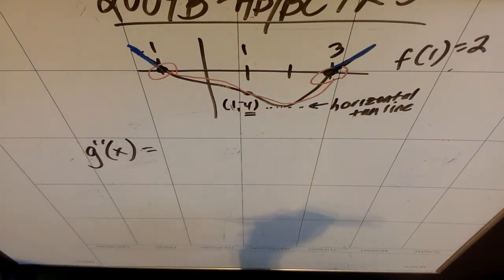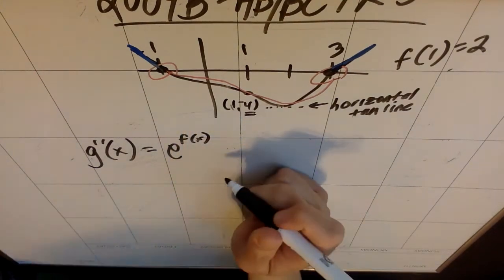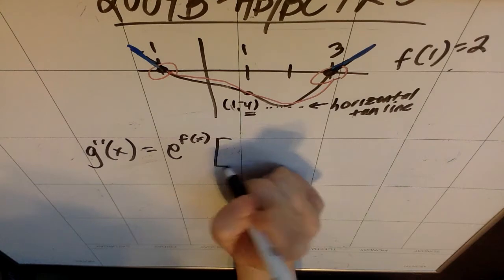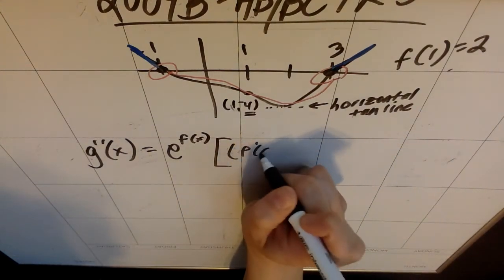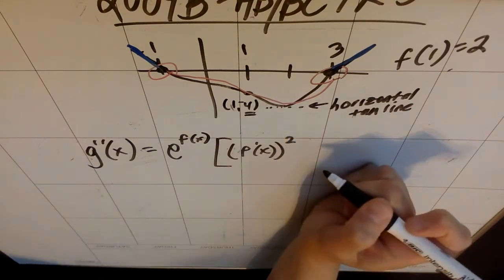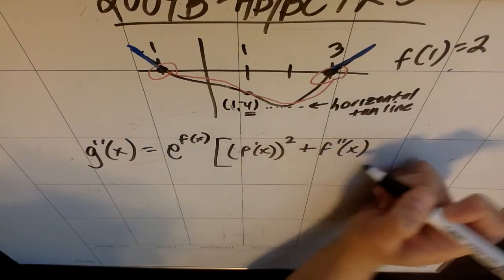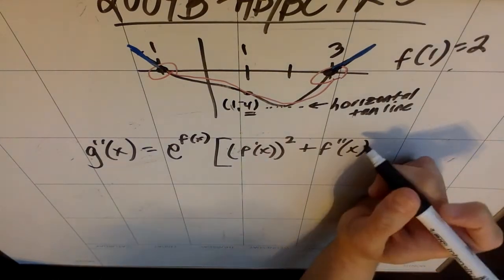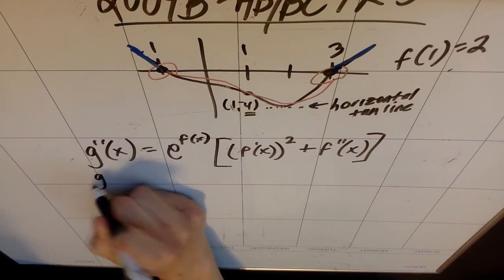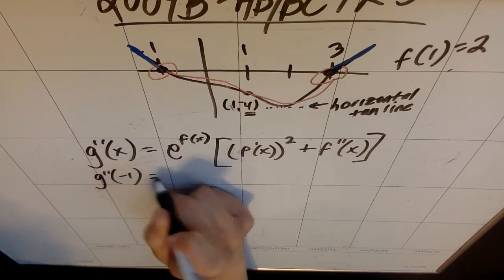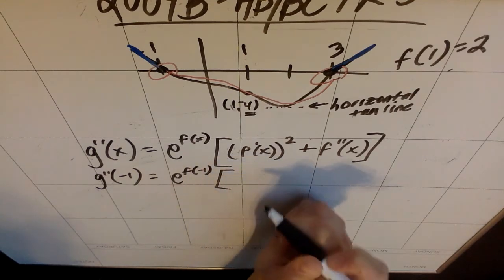So they give you that this second derivative is e to the f of x, and then in parentheses we get f prime of x whole quantity squared plus f double prime of x, end the bracket. Cool. Now, they asked us specifically about g double prime of -1. So that means e to the f of -1, and we'll talk about that in a sec.